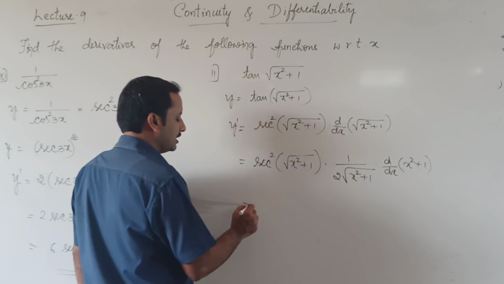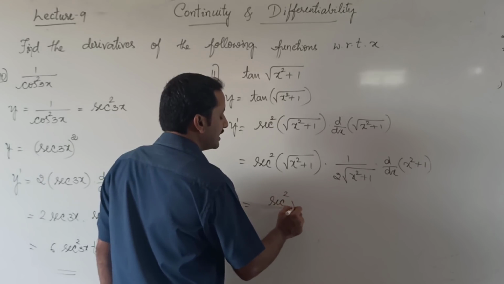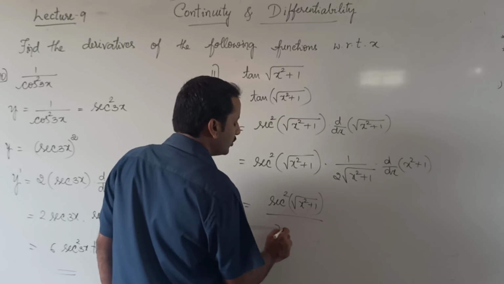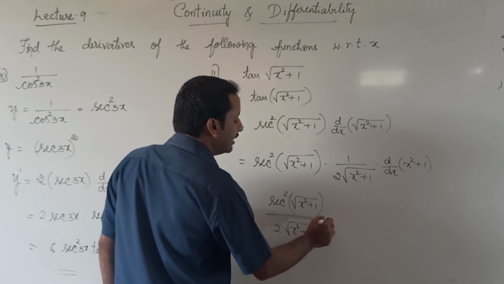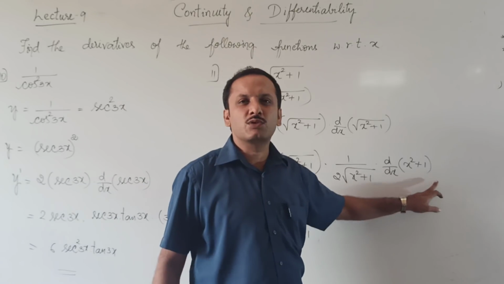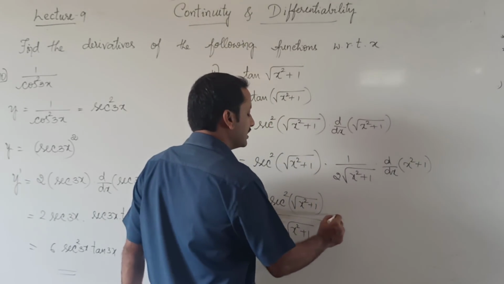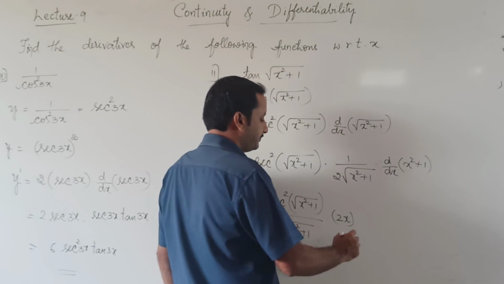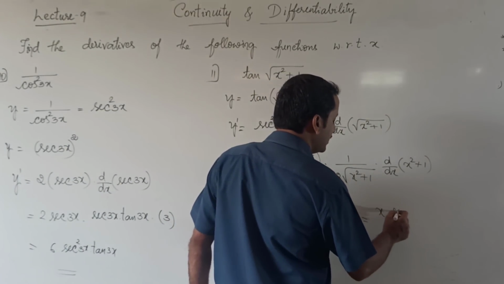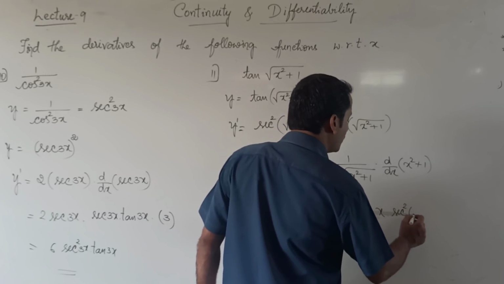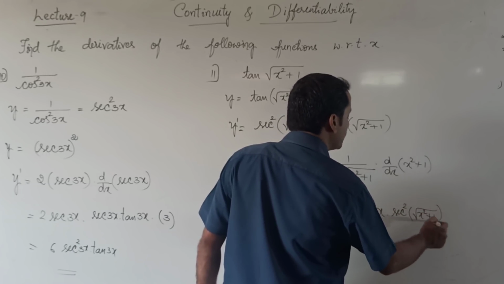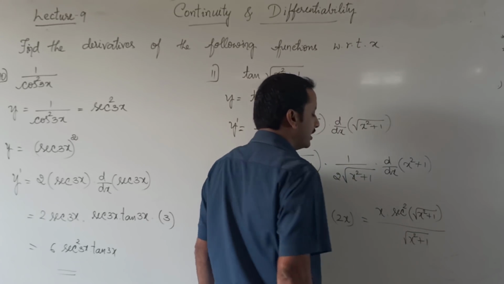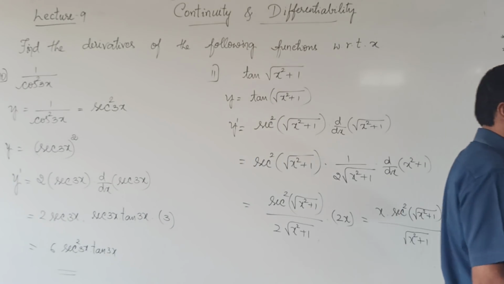So this is equal to secant square root of x square plus 1 divided by 2 into root x square plus 1 into the derivative of x square plus 1. The derivative of x square is 2x. Derivative of 1 means 0. This 2 gets cancelled. So I can write this as x into secant square root of x square plus 1 divided by root of x square plus 1. This is the answer.